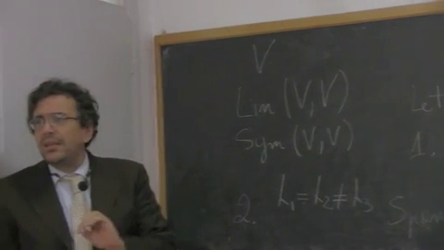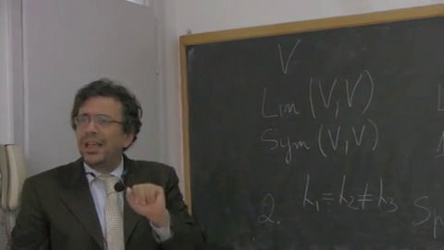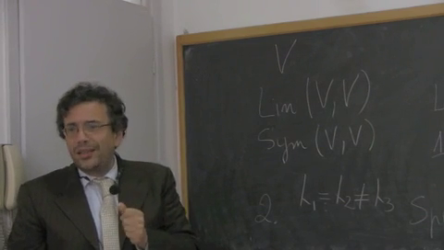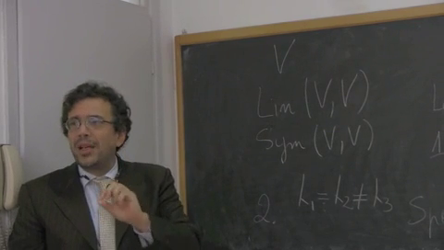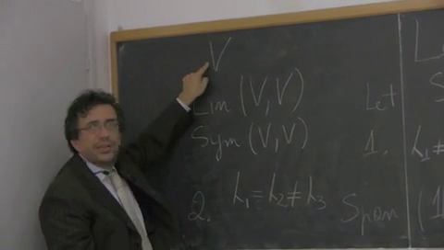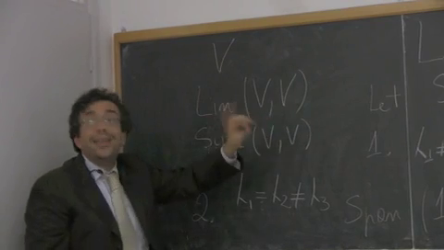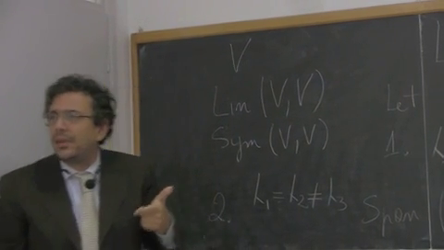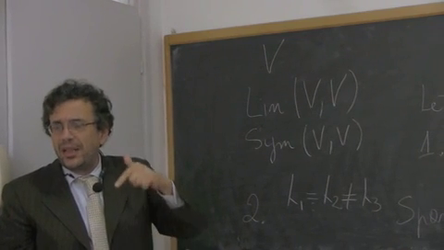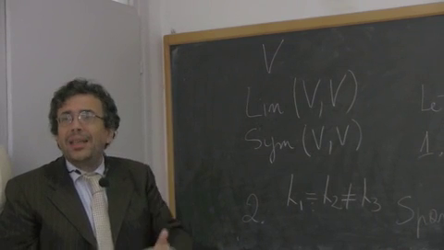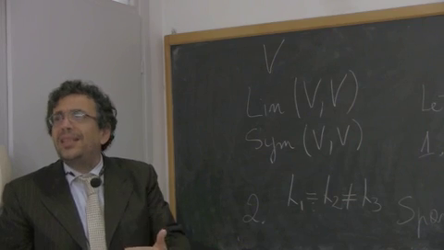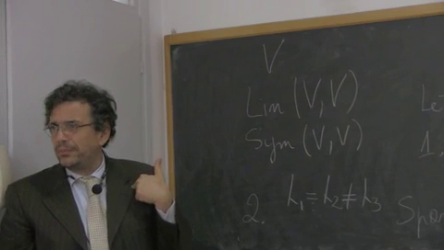Now, what is not trivial? I don't want to say difficult, it is easy, but what is difficult to understand by oneself is that if V is a vector space, Lin(V,V) is another vector space. The set of all linear applications of a vector space into itself is constructed in such a way that it is itself a vector space.